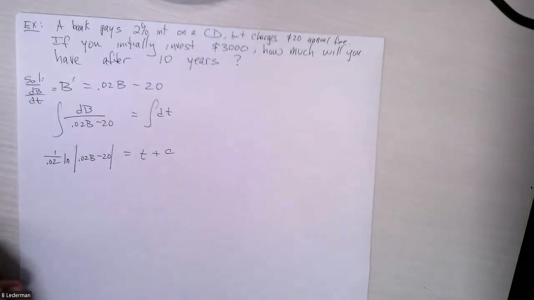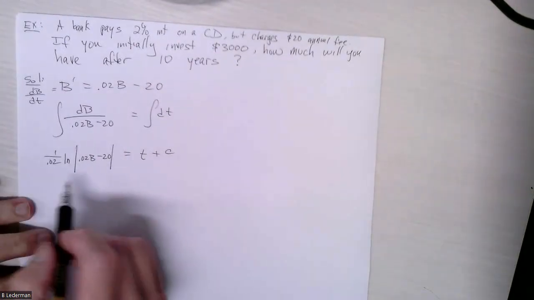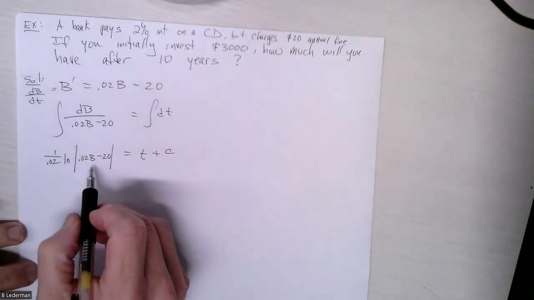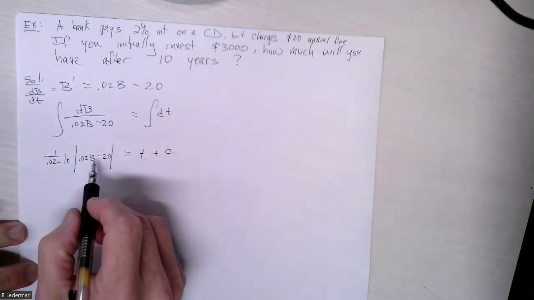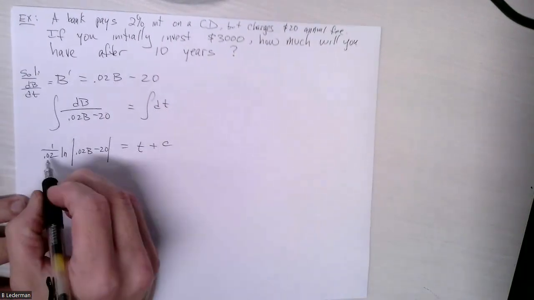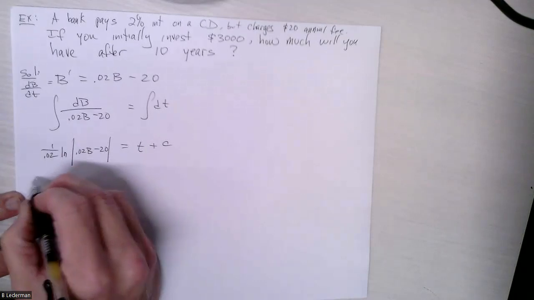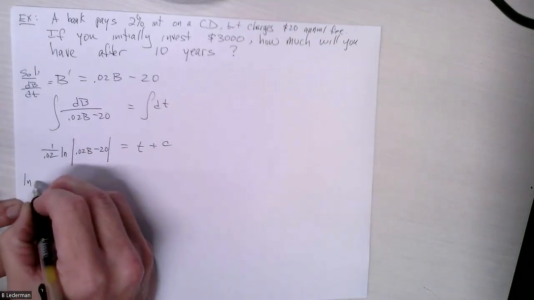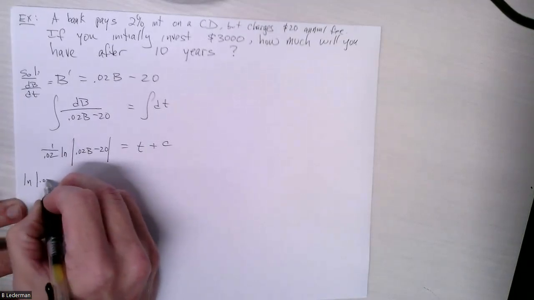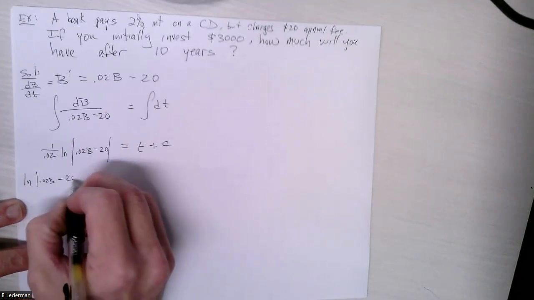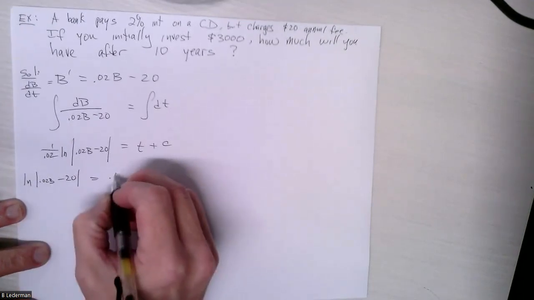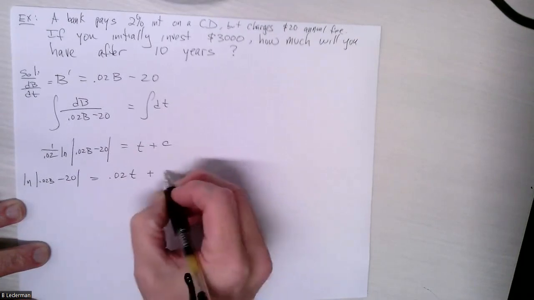That's pretty simple. Now, we've solved the differential equation, but I would like to explicitly solve for b. I want a nice explicit formula for b. So I'm going to have to multiply both sides by 0.02. I get the ln of 0.02b minus 20 equals 0.02t plus c.